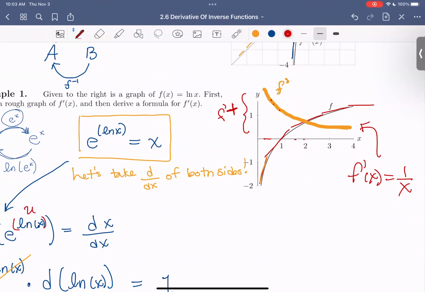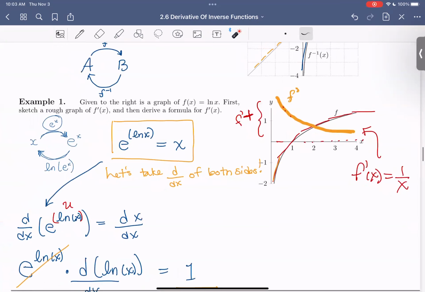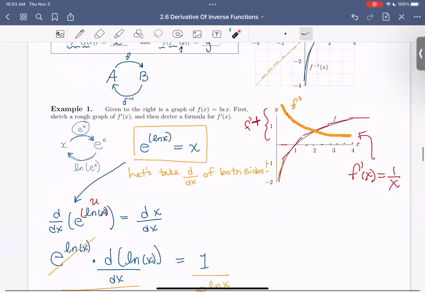And as we get larger and larger inputs, the value 1 over that input gets smaller. We're taking 1 divided by a larger number, so we're essentially breaking up our 1 into smaller parts. So yep, we should get smaller there. Feel free to take a look at the graph of 1 over x as well, and graph it on the same axes as ln of x. And you can see that indeed, it looks like it's a good fit for the derivative.